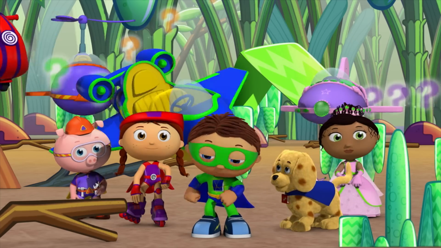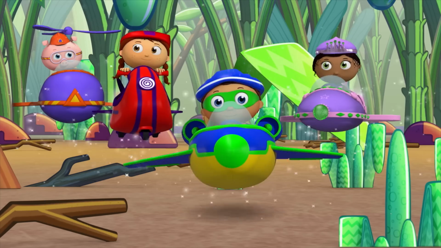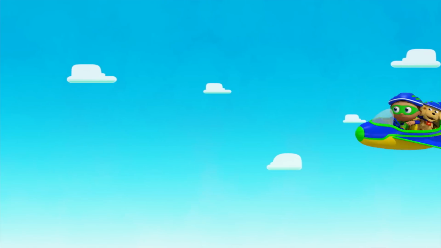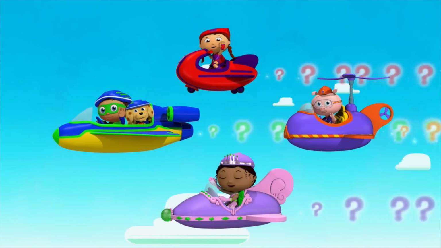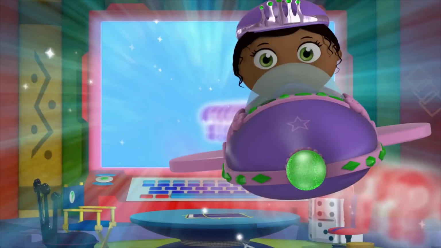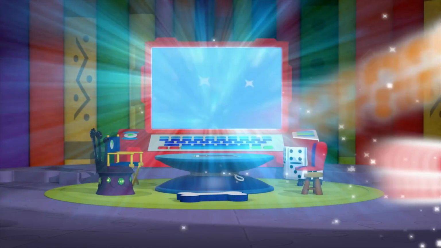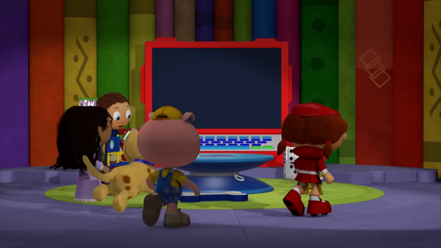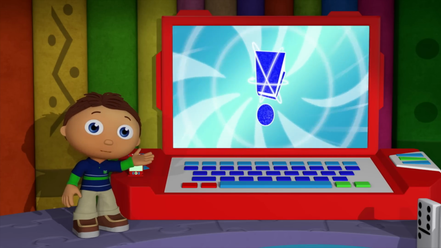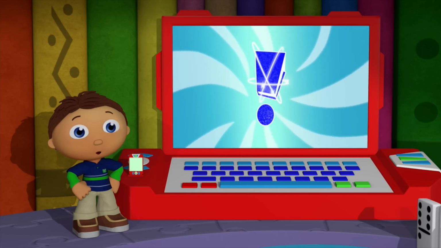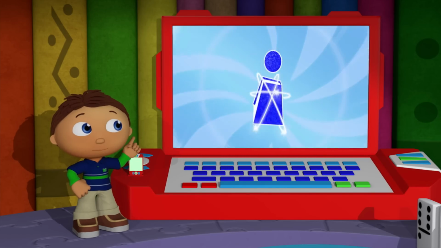Why, Flyers? Back to the book club. We found the super story answer with superwhy. Super duper computer, give us our super story answer.